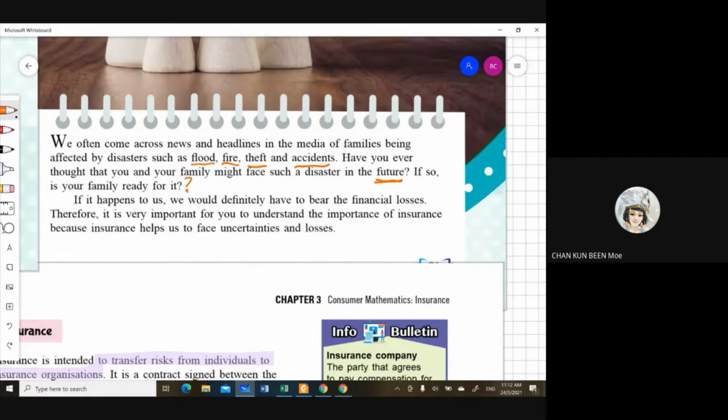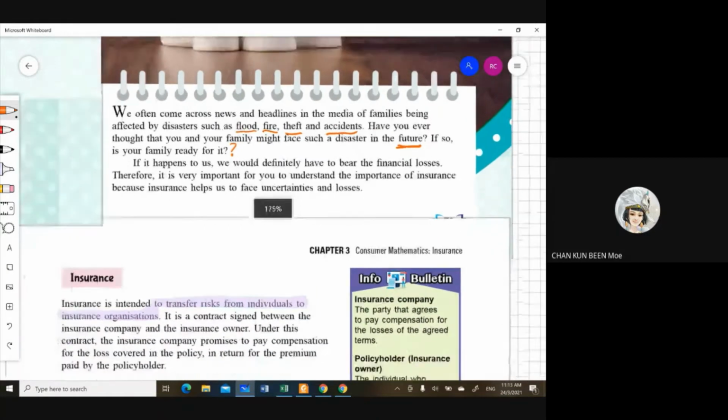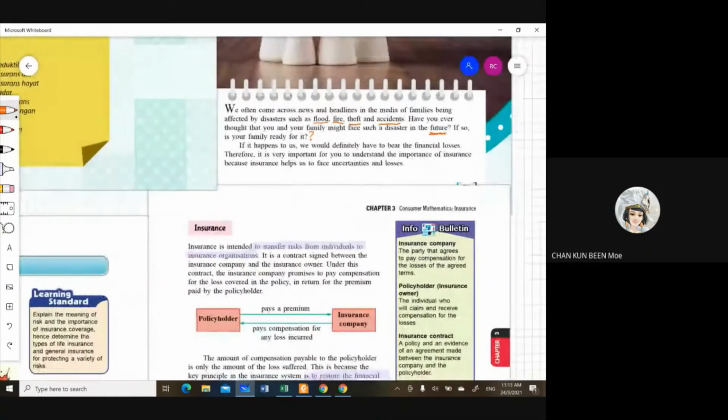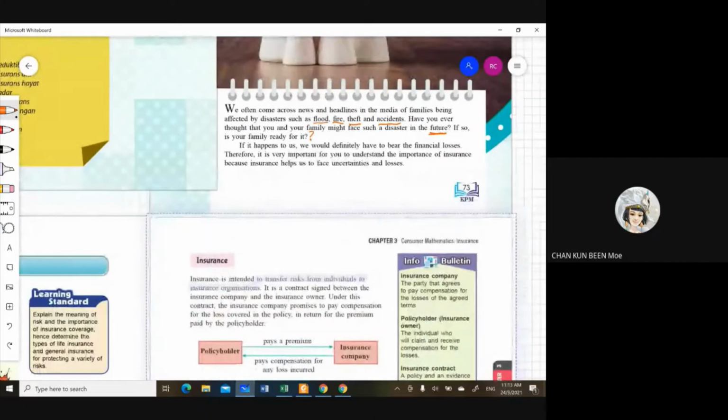If it happens to us, we would definitely have to bear the financial losses. Therefore, it is very important for you to understand the importance of insurance because insurance helps us to face uncertainties and losses. Okay, so if you are going to buy insurance, you must have a sum of money. That is very important.